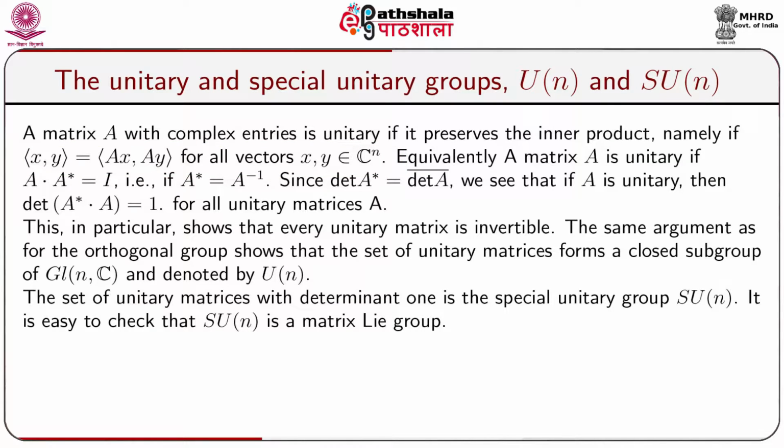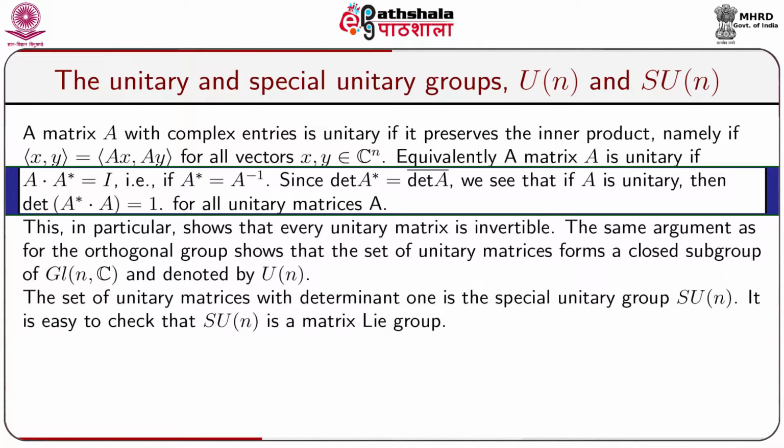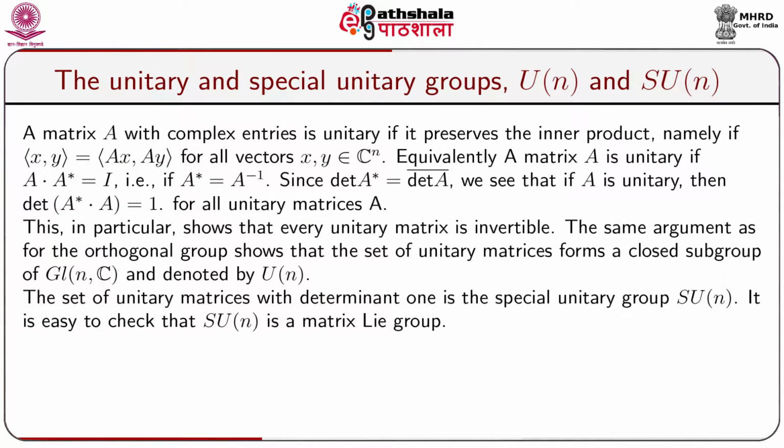Equivalently, a matrix A is unitary if A times its conjugate transpose is equal to the identity matrix, that is, if the conjugate transpose of A is its inverse.